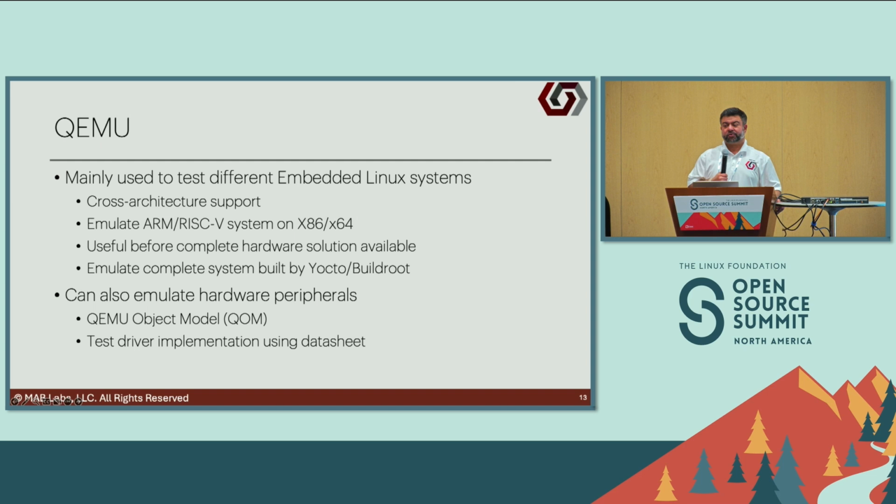QEMU is a really great framework that you can use to not only emulate your own system, but then you can actually write software to emulate an external device, and then see, hey, if I can target this external device based on the data sheet that I have in front of me, I can write a driver targeting this device. Then once the hardware is available to you, you've done a fair bit of the work, and maybe there are some small nuances that you need to account for. Data sheets aren't always entirely accurate until you get the hardware, but most of the work has already been done.